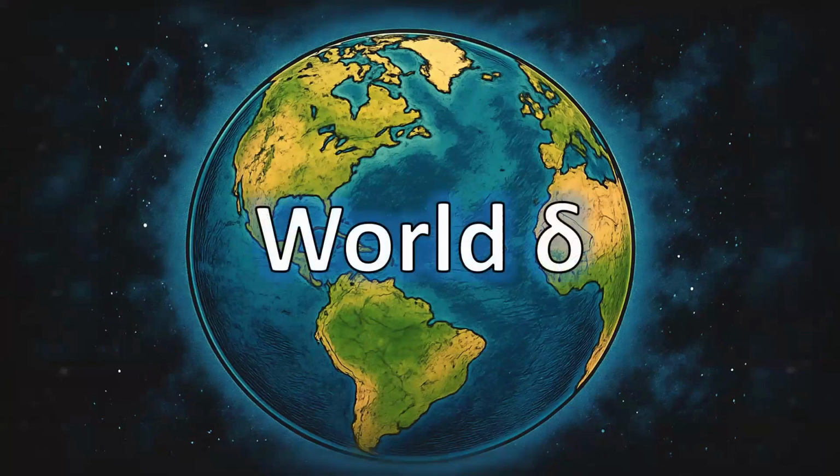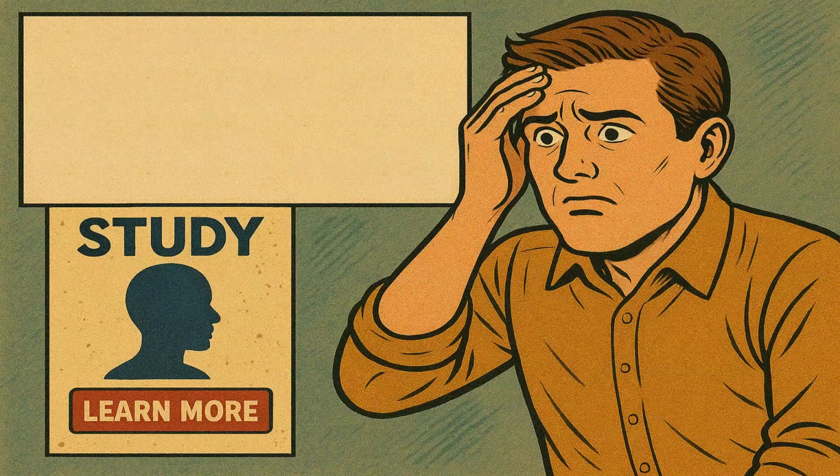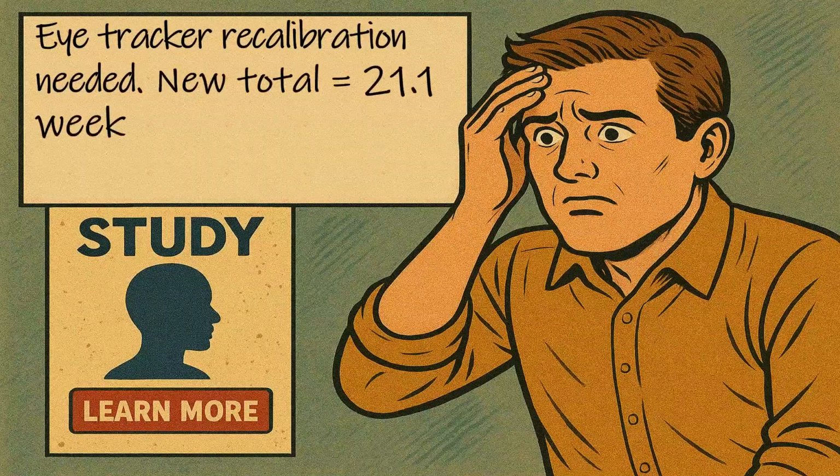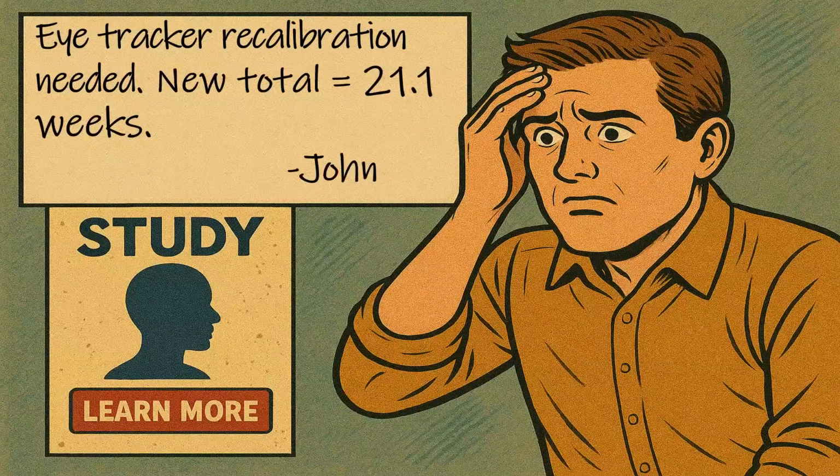All right, world delta. Delta Alex walks into his office one day and he sees this note on the whiteboard: eye tracker recalibration needed, new total 21.1 weeks, and that's from John on his team. So again, another unpredictable event.